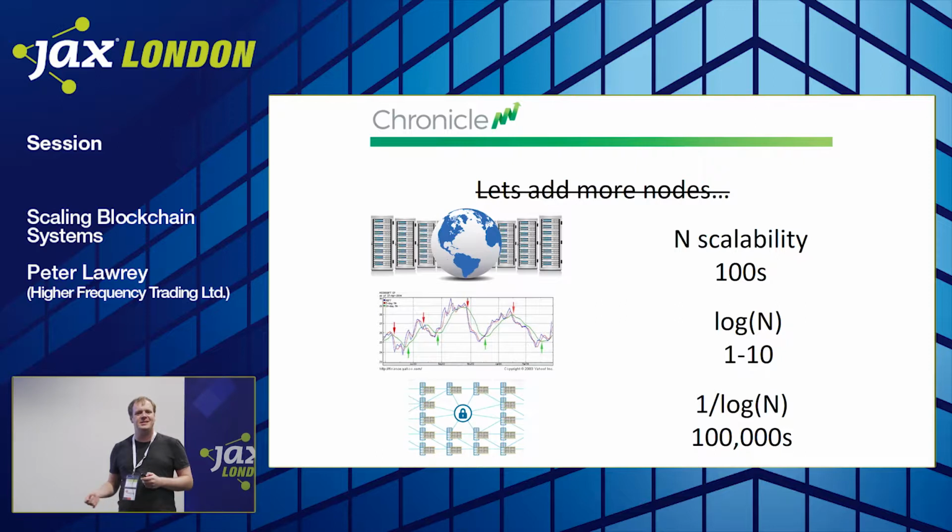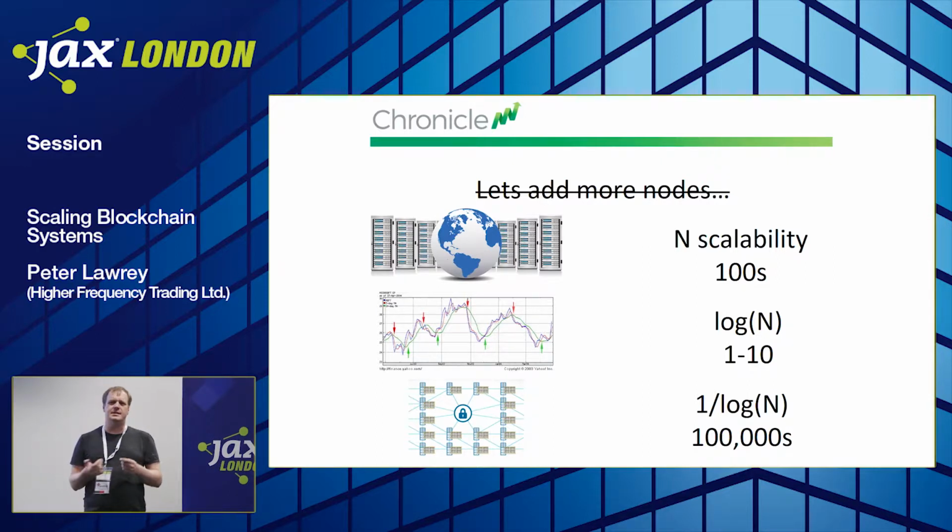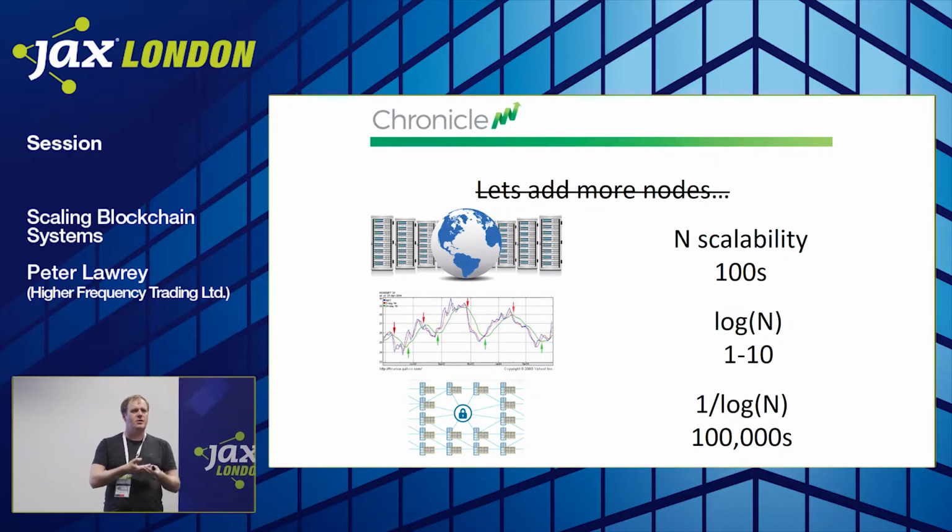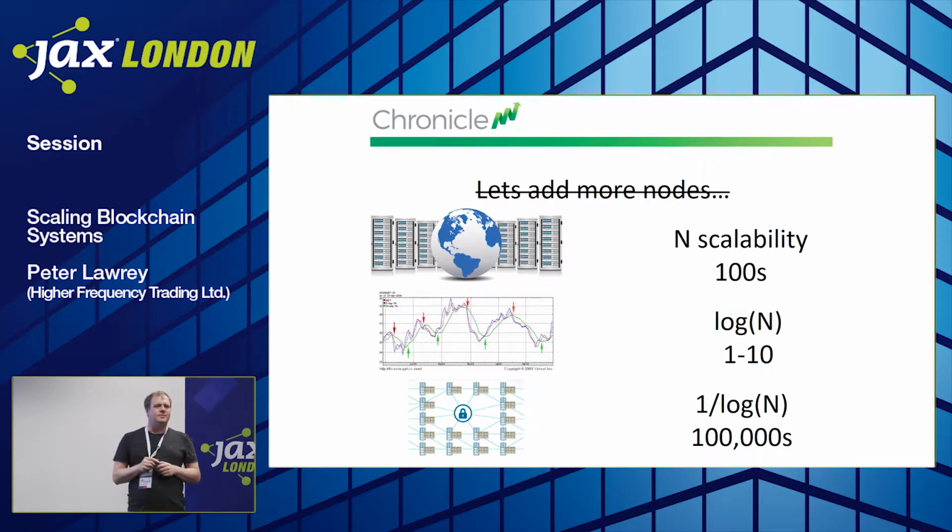So as it increases in success and people run more nodes, the thing actually gets slower. And in many cases, the blockchain can take longer to come to consensus than it takes to actually compute the block, which is meant to be the most expensive bit. So, that's an obvious scalability problem.